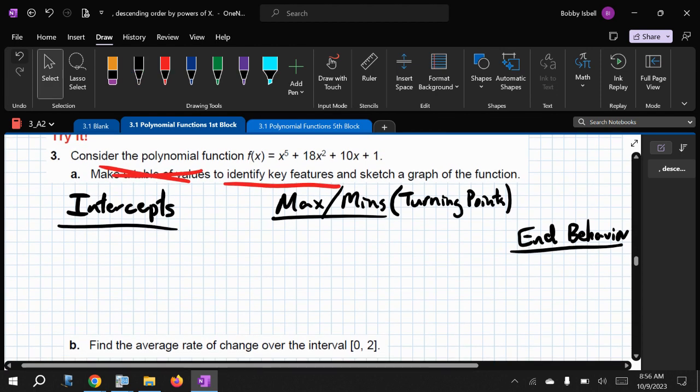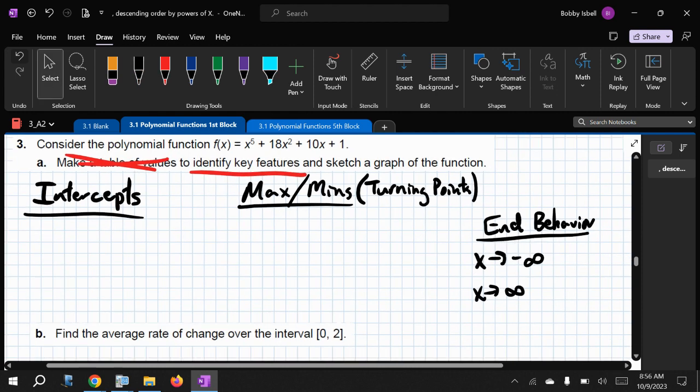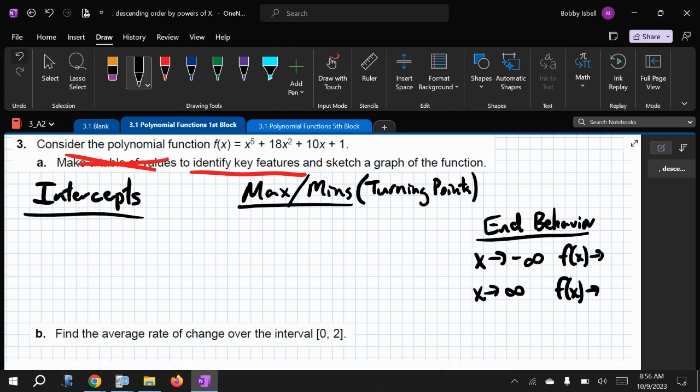Let's see what we can do with that one. I should be able to do the end behavior without even graphing it.